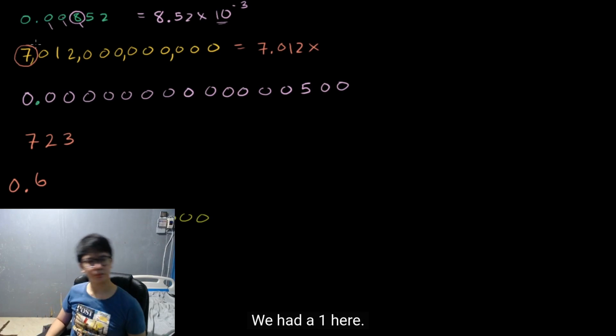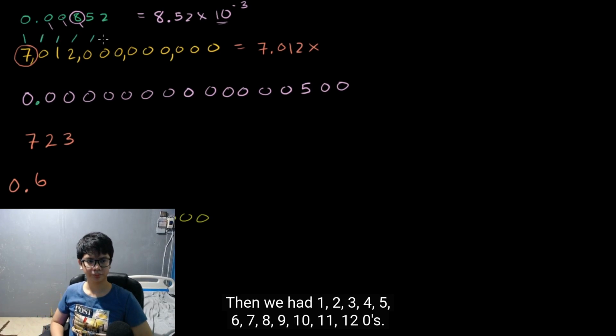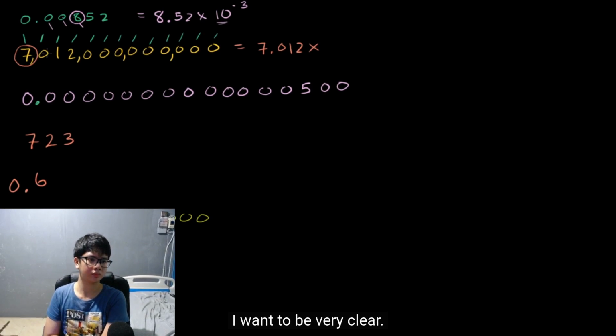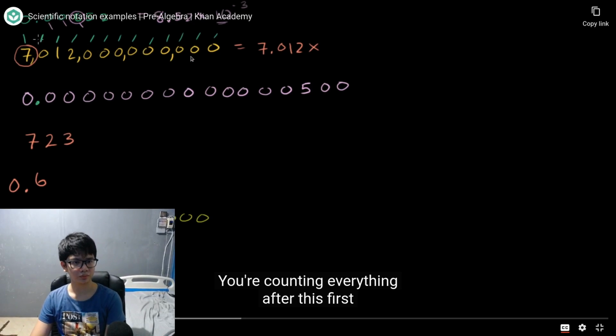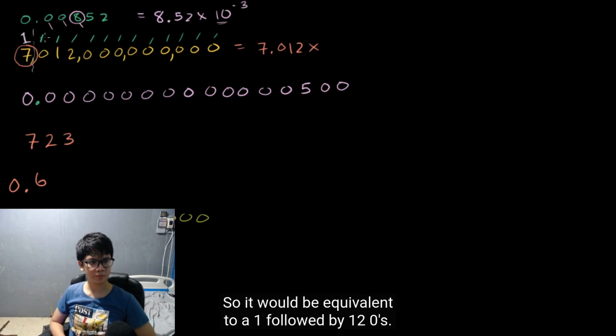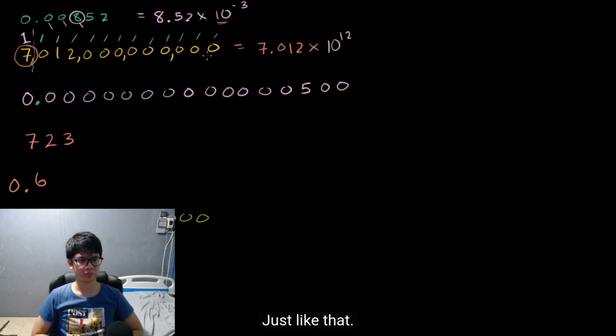We had a 1 here, and we had 1, 2, 3, 4, 5, 6, 7, 8, 9, 10, 11, 12 zeros. Now I want to be very clear, you're not just counting the zeros, you're counting everything after this first term right there. So it would be equal to a 1 followed by 12 zeros. So it's times 10 to the 12. Just like that, not too difficult.